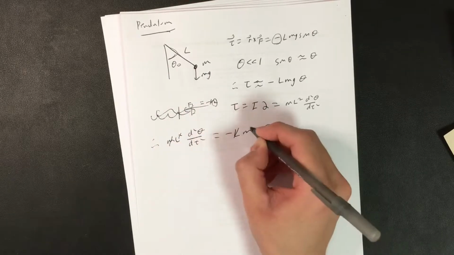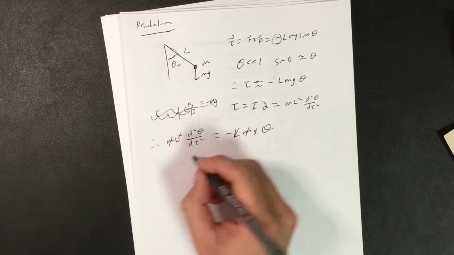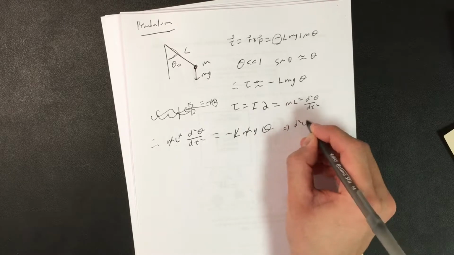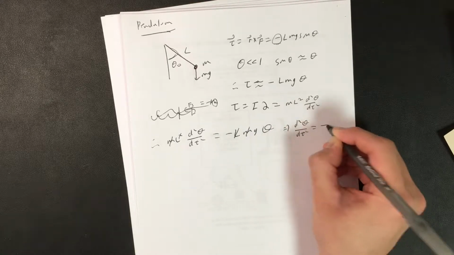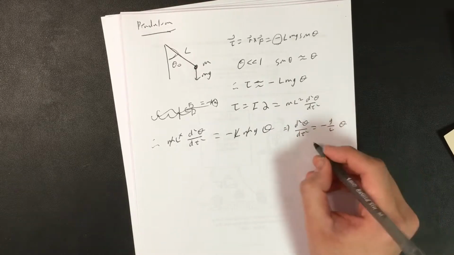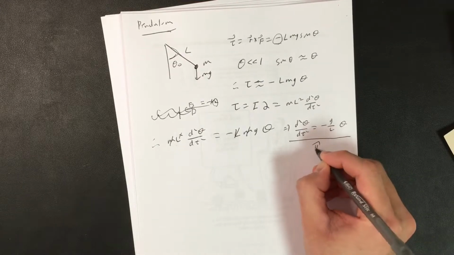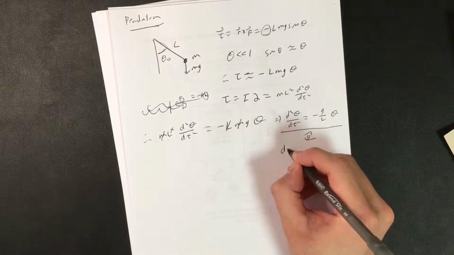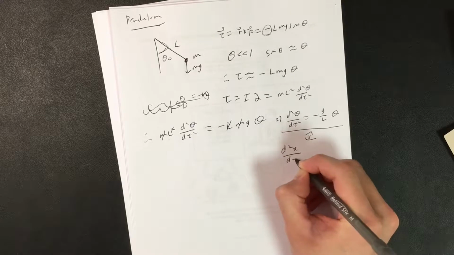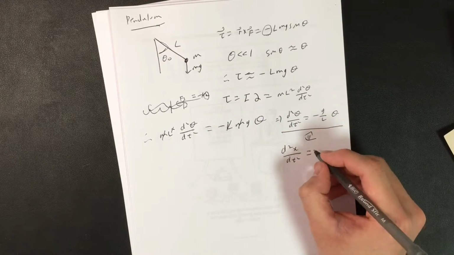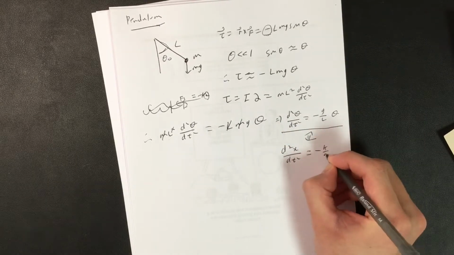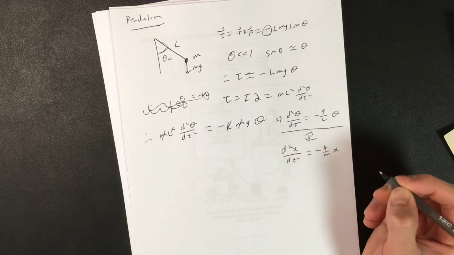Crossing off the L and the m and dividing by the length, I get d2 theta over dt squared equals negative g over L theta. And we see that this looks very similar to the differential equation from the spring, which was d2x over dt squared equals negative k over m x.